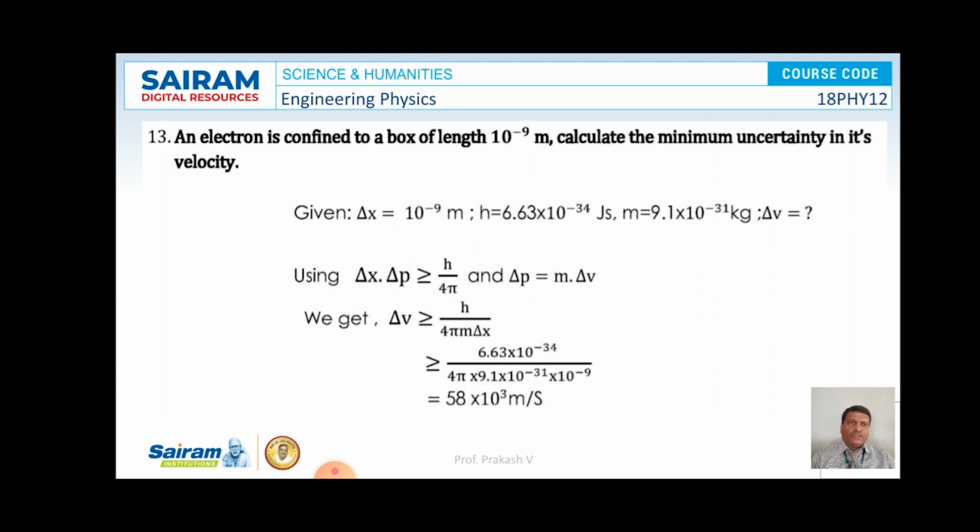So substitute the value of h, m and delta x here, that is 6.63 x 10^-34 divided by 4 pi x 9.1 x 10^-31 x 10^-9. On simplification, the uncertainty in the velocity is calculated as 58 x 10^3 meter per second.